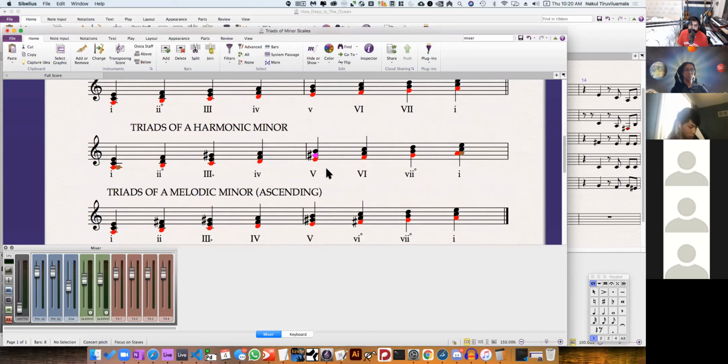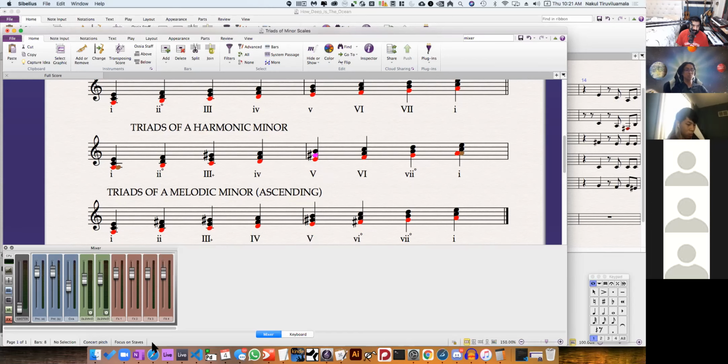Now, you might think that there are certain things in music that are very arbitrary. That may be the case, but this is one of those things that's so foundational to the way we think about music.